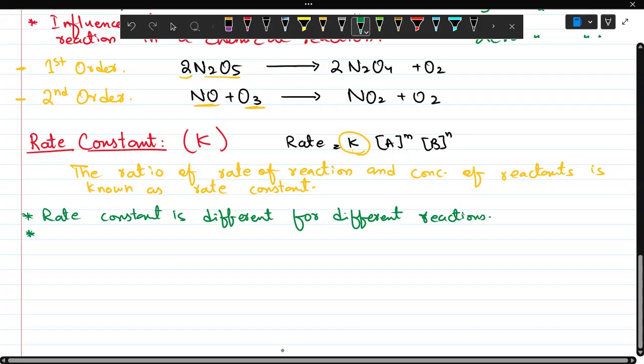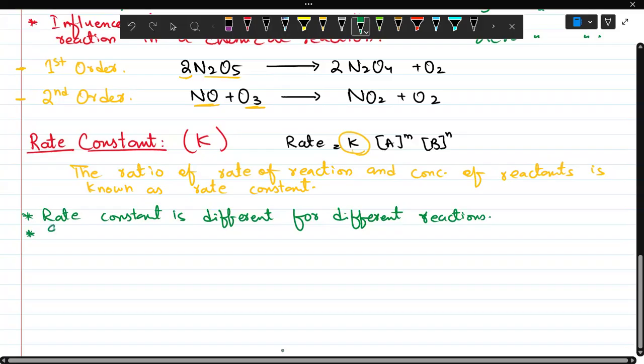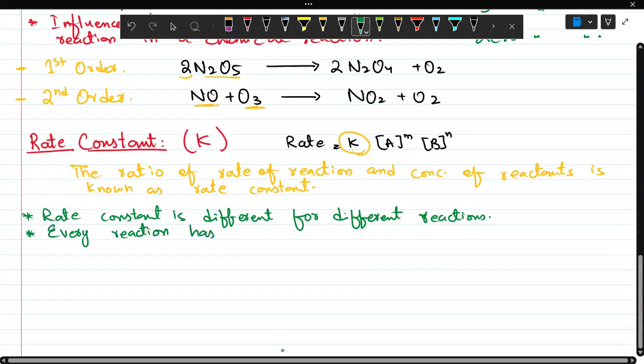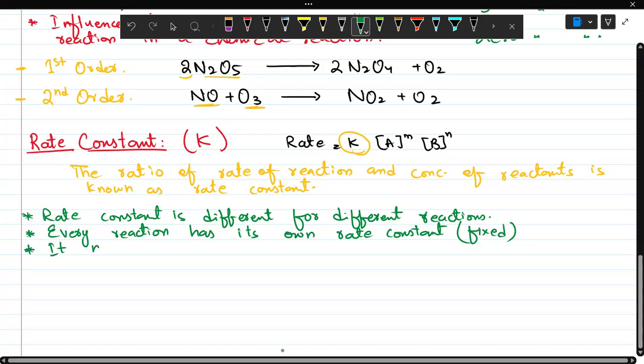Okay, rate constant is different for different reactions. Every reaction has its own rate constant, a fixed value. Is it clear? Yes sir.